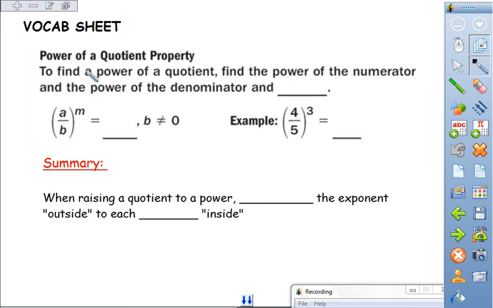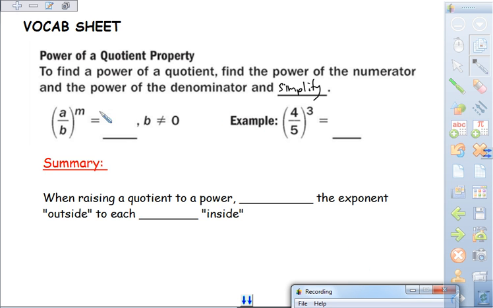So here's some vocab. Power of a quotient property. To find the power of a quotient, and quotient means division, find the power of the numerator and the power of the denominator, and simplify. So for example, a over b to the m, we get a to the m over b to the m.